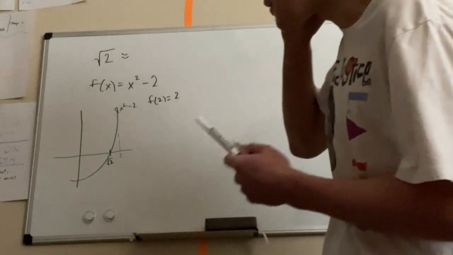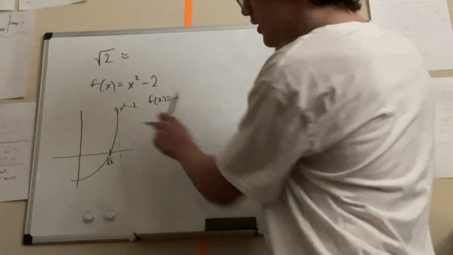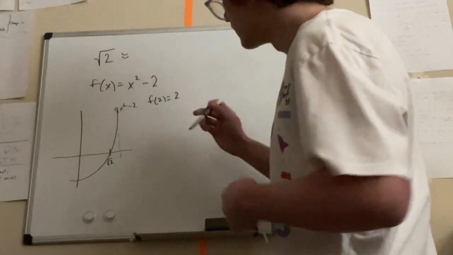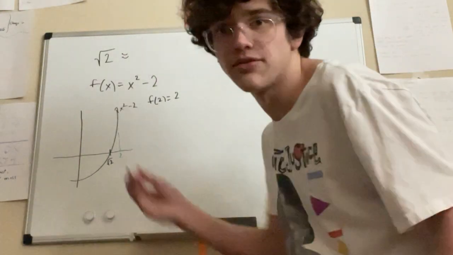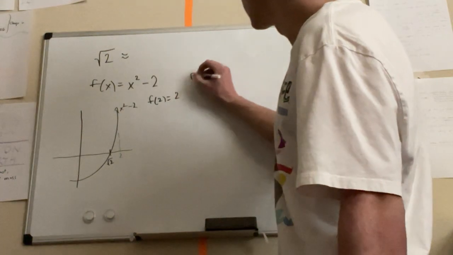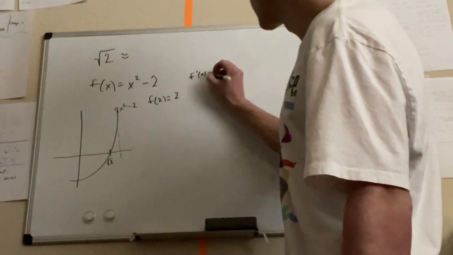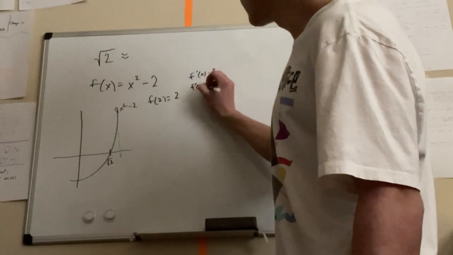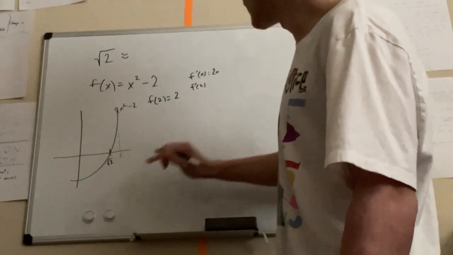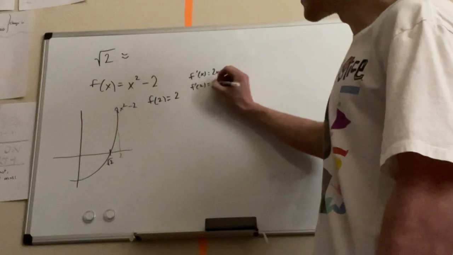Now, let's find the slope of this line over here. Well, let's just find the derivative of the function. The derivative of the function is 2x, and therefore the derivative, or the slope of this function when x equals 2, is 4.